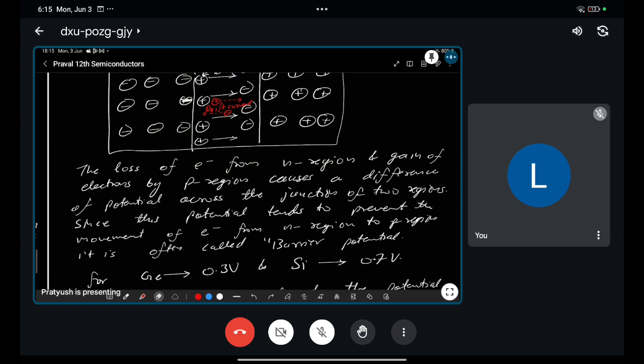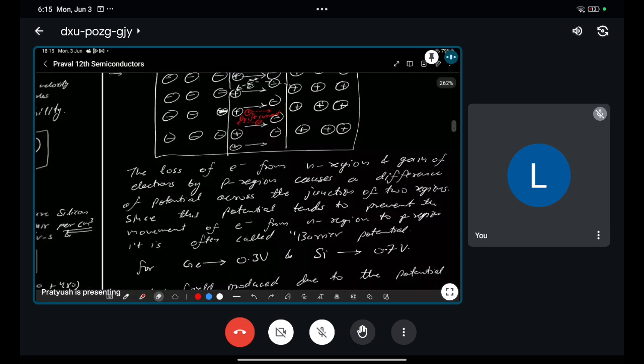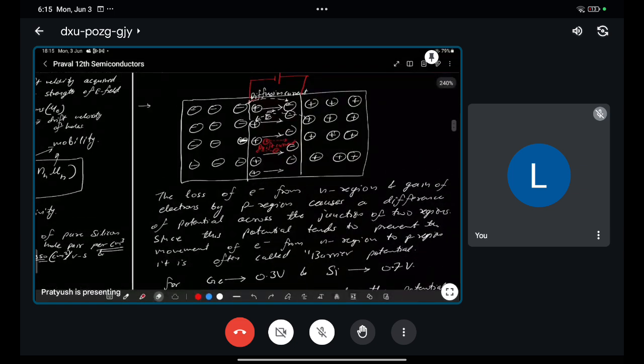Because of the movement of charges, an electric field will be produced, and that electric field will now oppose the further movement of electrons. This is called barrier potential. Okay. For germanium, this barrier potential is 0.3 volt, and for silicon it is 0.7. Draw this diagram and take this point down.